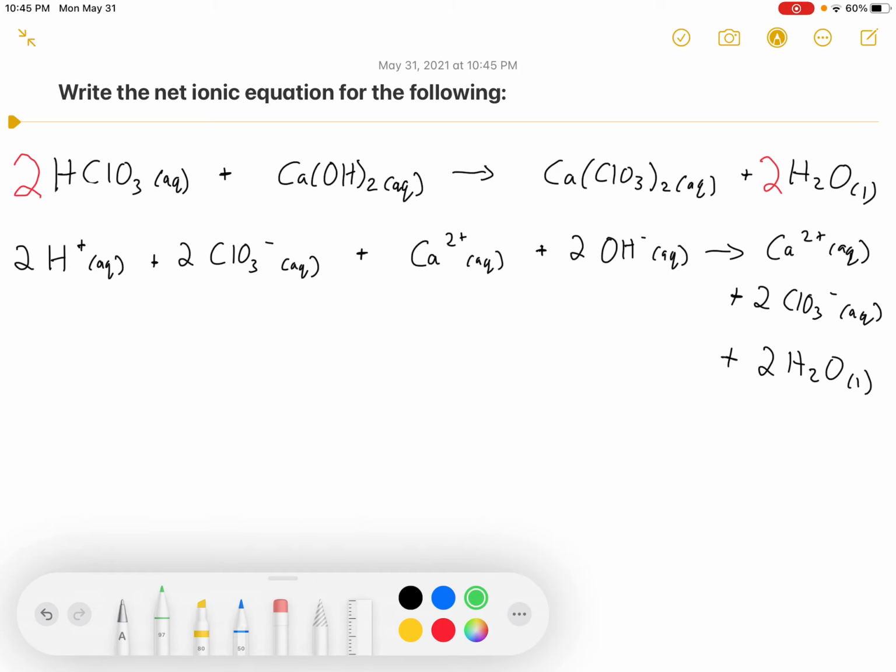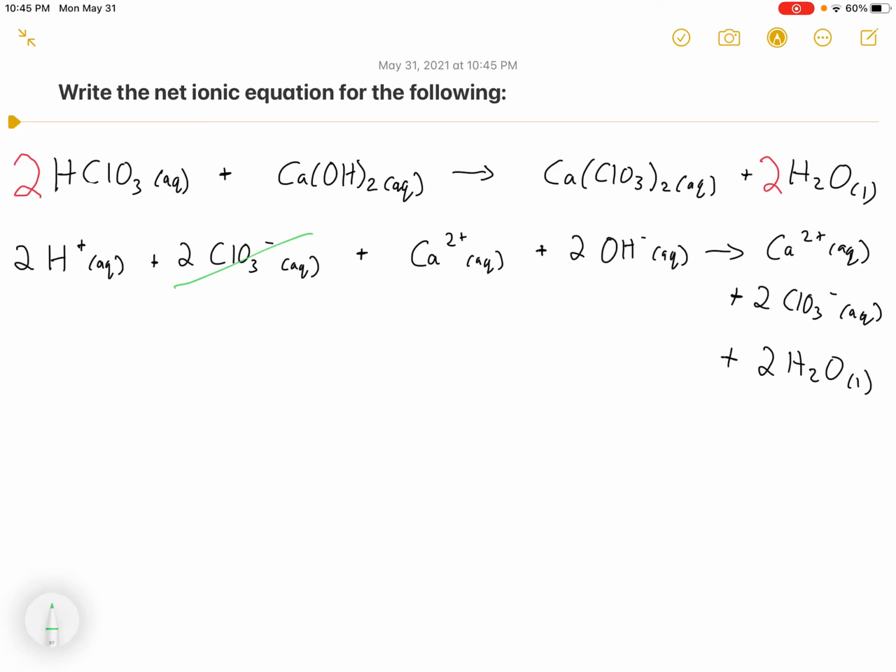So what are the ions that are the same on both sides of the reaction equation that seem as though they don't really participate? So I can see we have 2 chlorates on the left side and 2 chlorates on the right. I can see we have a calcium cation on the left and a calcium cation on the right.